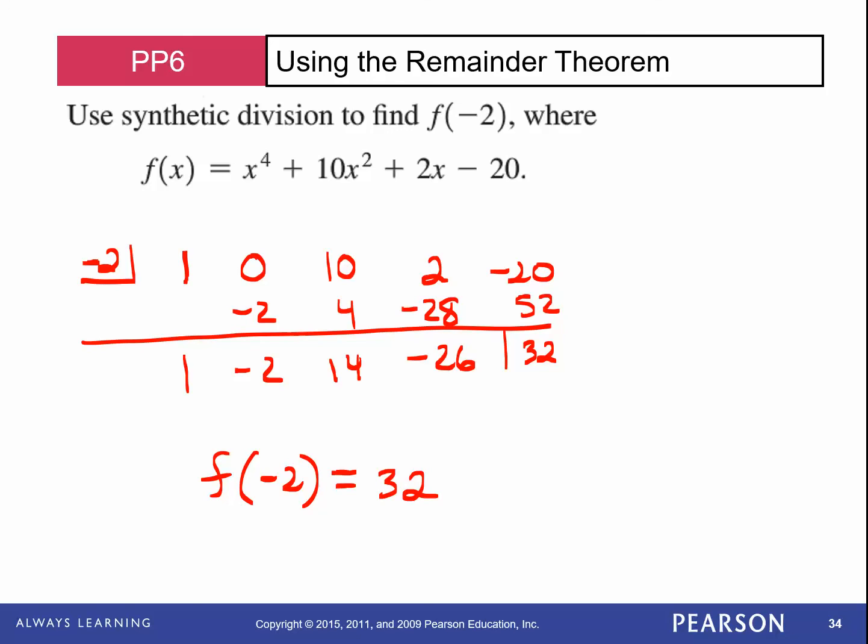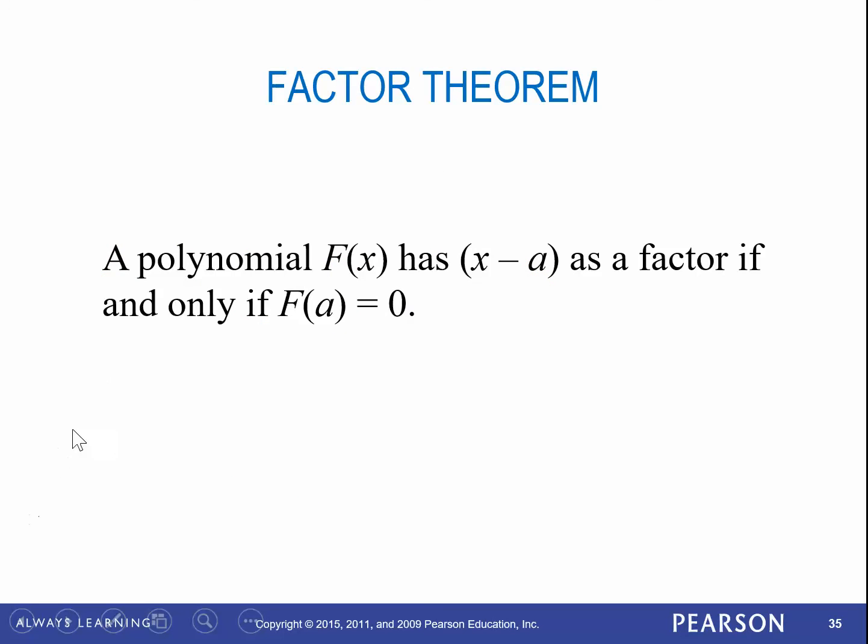Okay, finally we get to what we want to get to here, something called the zeros. We're finally able to get to the zeros, putting a few things together, and one more theorem that we have to put together. Something called the factor theorem.